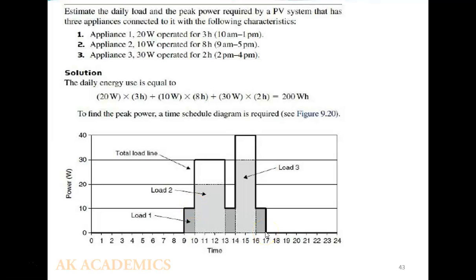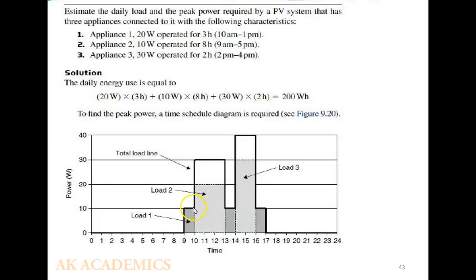Then the next timing we have is the 10 a.m. load. Okay, after 9 a.m. we have 10 a.m. and that is appliance 1, and that is for 20 watt. So we will look for where 20 watt is. This is 20 watt here.